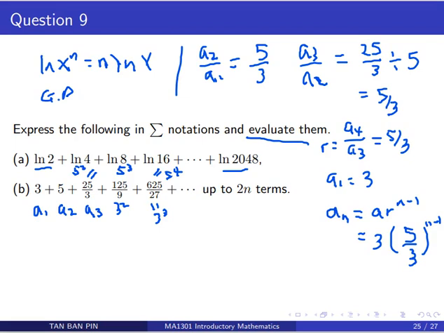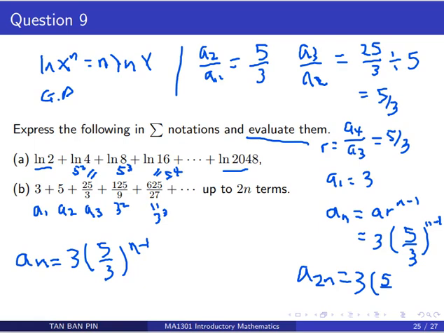You're adding this to the 2n-th term, so you get a_2n. For a_2n, you just replace n by 2n. So a_2n will be just 3 times 5 over 3 power 2n minus 1. You get a formula for the 2n-th term.